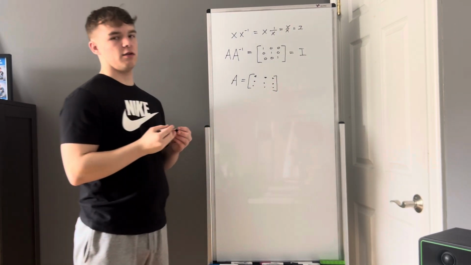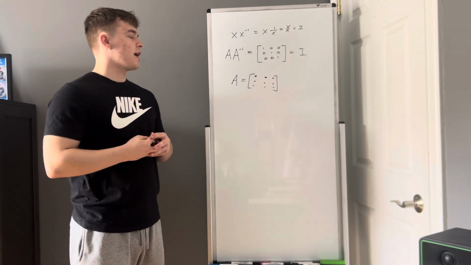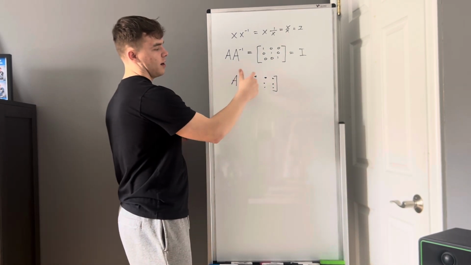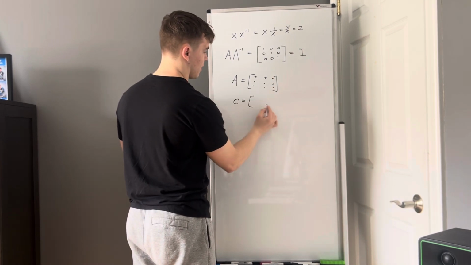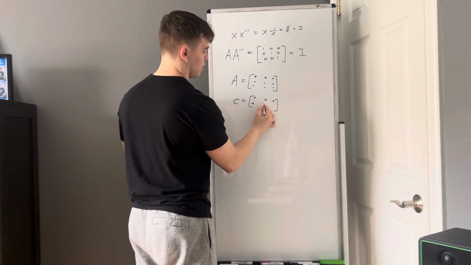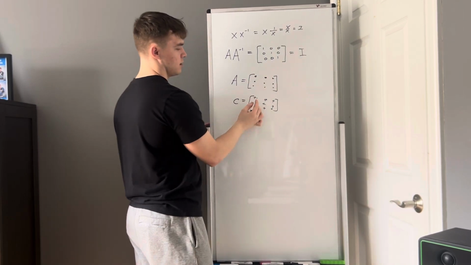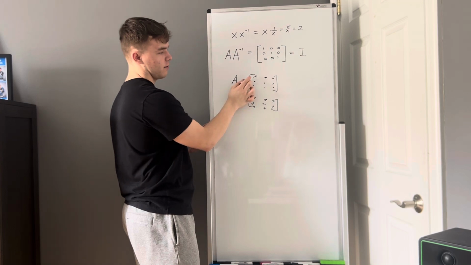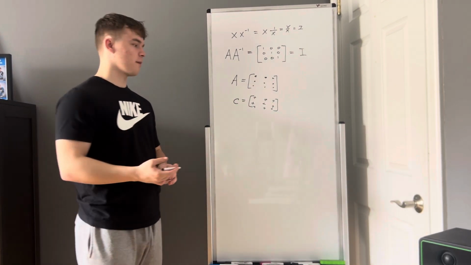These could be whatever. They don't have to be the same thing. But I can take the cofactor of this and then put it into this new matrix that we're going to call the matrix of cofactors. So this is the cofactor of this, this is the cofactor of this, and so on and so forth.